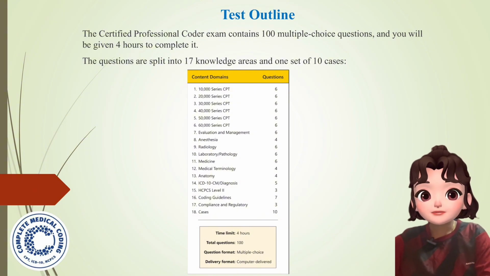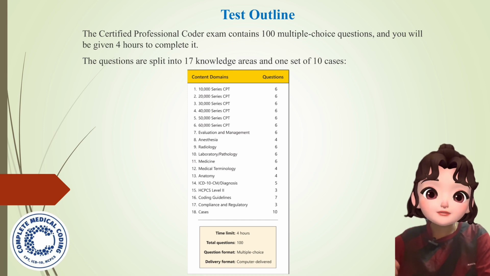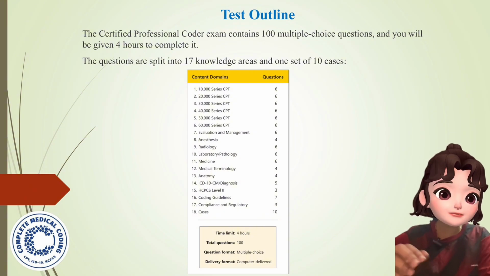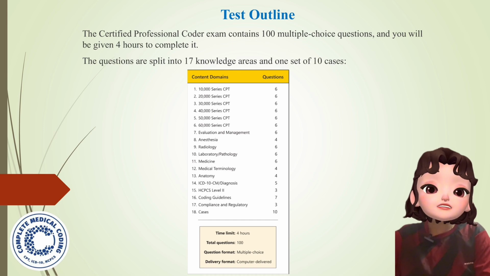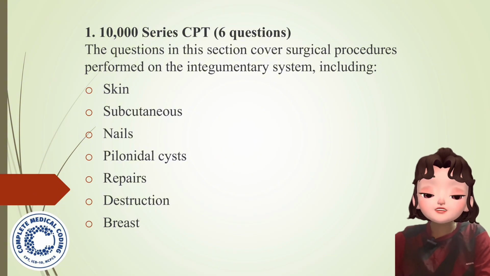So let's discuss chapter wise how many questions you will be getting, and what type of questions you will get in each series. In the 10,000 series CPT questions, you will be getting 6 questions.